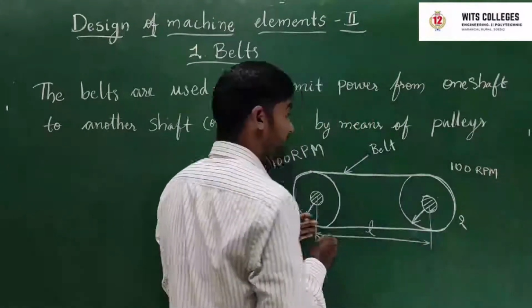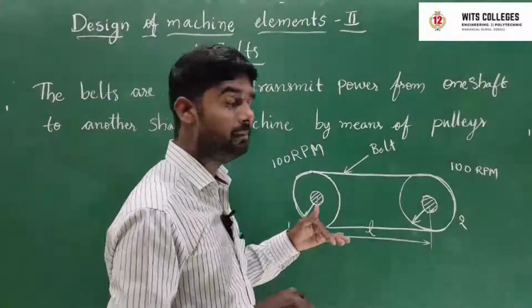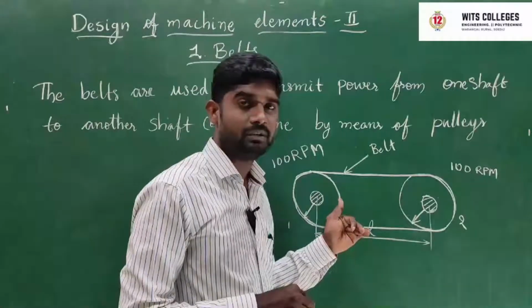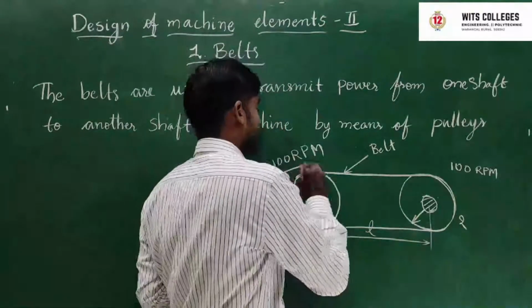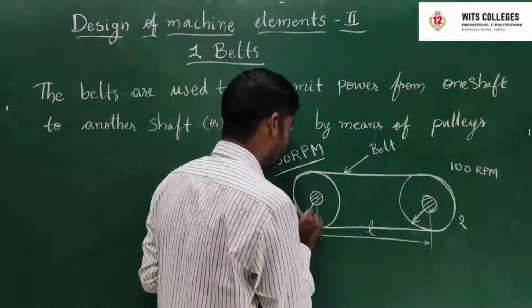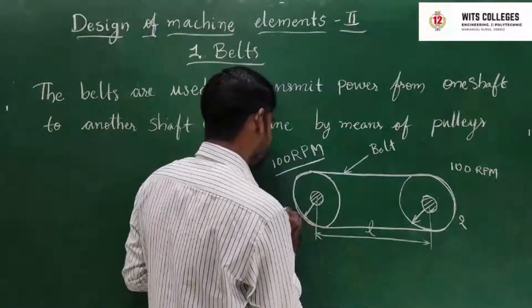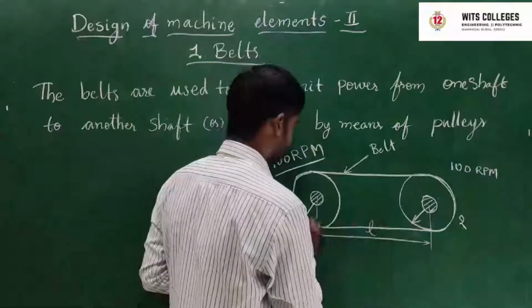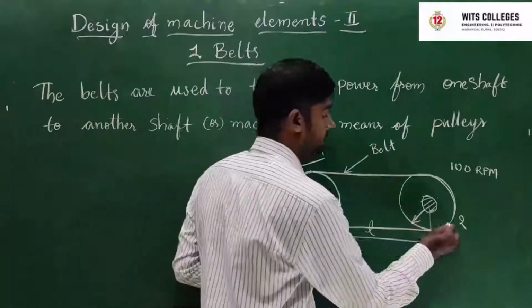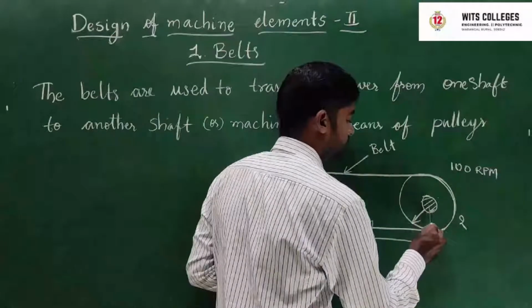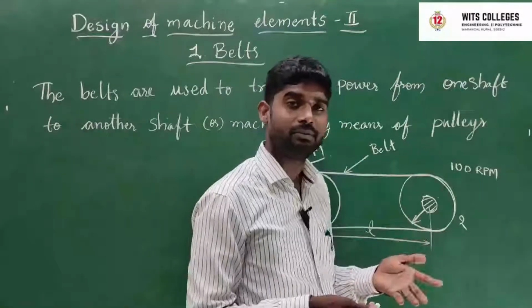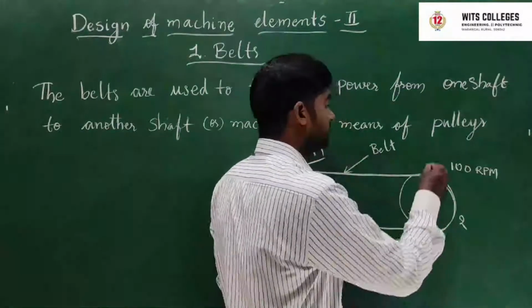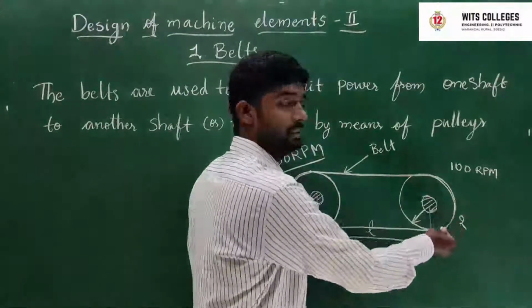The RPM depends upon the diameter of the pulley. Suppose this pulley is 50 mm and the second pulley is 20 mm, which changes the RPM.